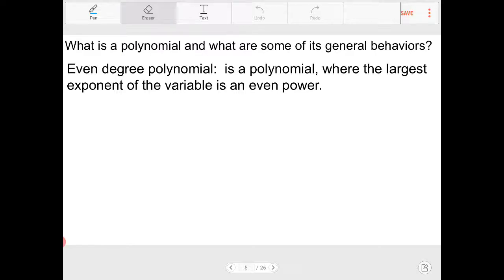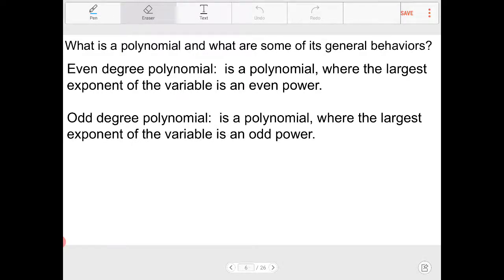So there are two classifications of polynomials. We can talk about even degree polynomials. What exactly is an even degree polynomial? It's a polynomial where the largest exponent of the variable is an even power. Conversely, we can have an odd degree polynomial.